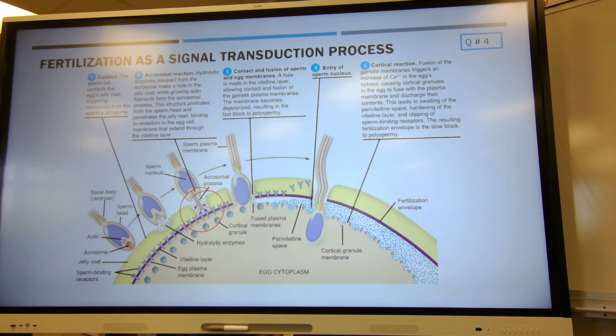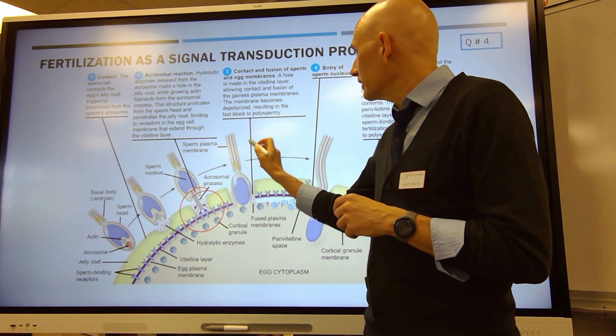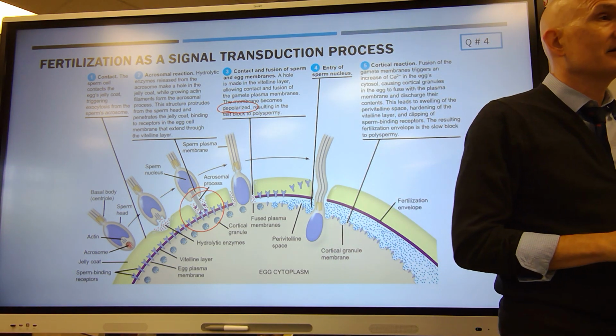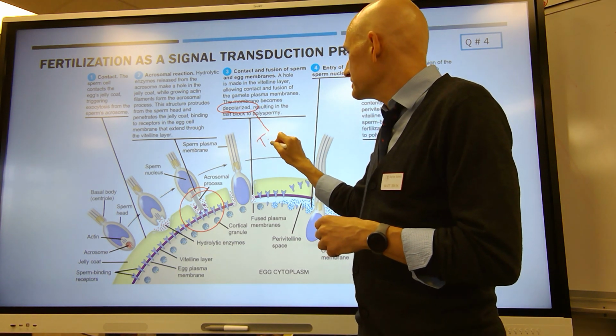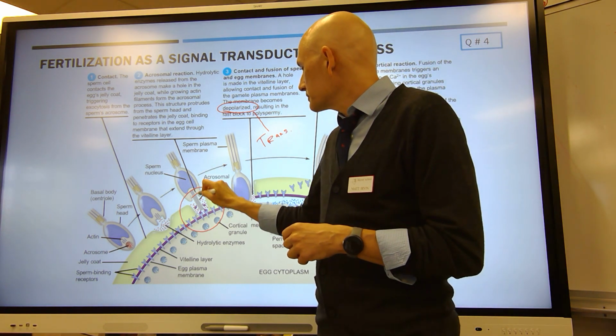This is a prezygotic barrier, so if the sperm can't fuse with the egg, then you're not going to mix. And then when that fuses properly, you can see right here, the membrane becomes depolarized. This is going to be the transduction part. And this is the reception part here.